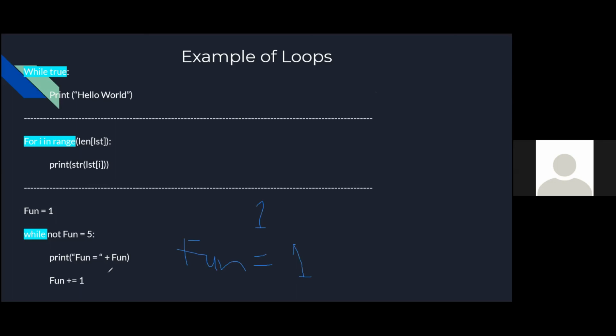After that, fun would equal 2, and then it'll check again. It's still not 5. So then this turns into 2 also, and then it keeps repeating until it equals 5. If you change this to 2, then it'll keep on going forever.